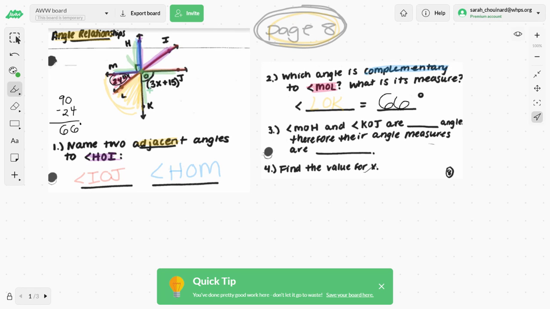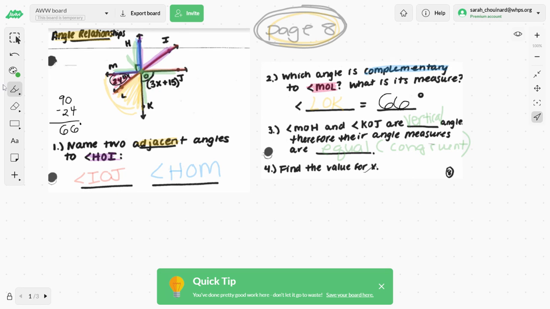So angles that are diagonally across from each other are called vertical angles. Therefore, their angle measures are equal, or we could use the word congruent. So two vertical angles are always congruent or equal.